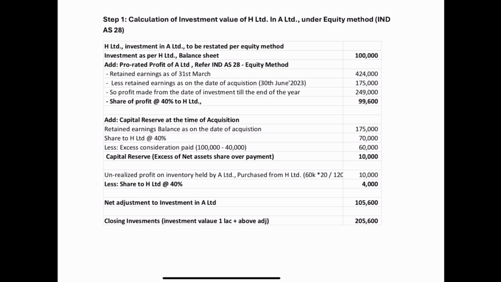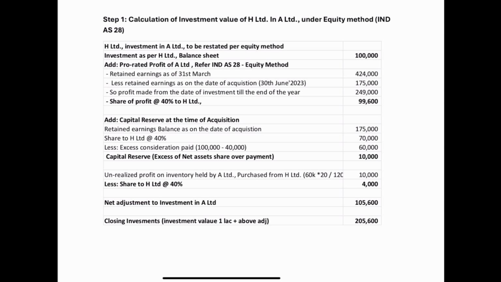So how the 60,000 comes is the total investment done by H Limited to A Limited is 100,000, and the face value of share is 40,000. So which means only 60,000 rupees in excess being paid by H Limited to A Limited, but the net assets share to H Limited is 70,000. So there is a 10,000 additional gain to H Limited. So that's a capital reserve that needs to be accounted. So this 10,000 also needs to be added to the investment value.